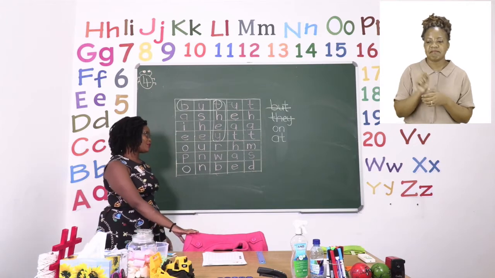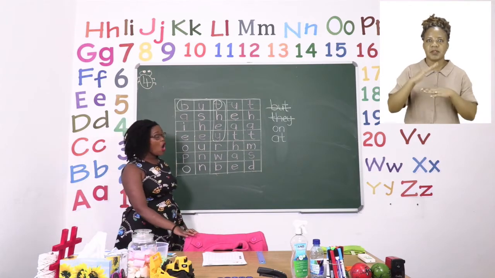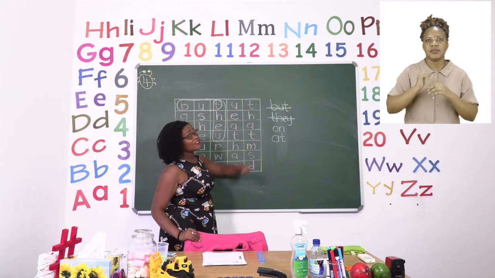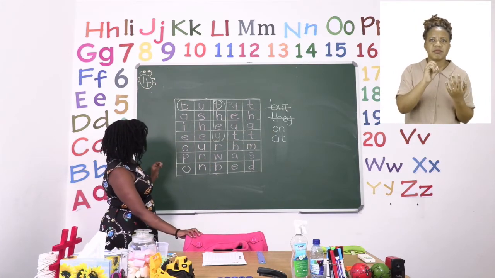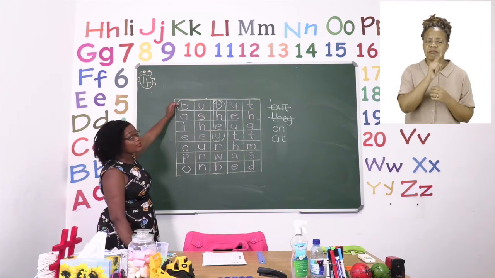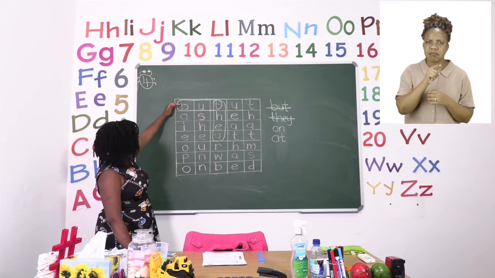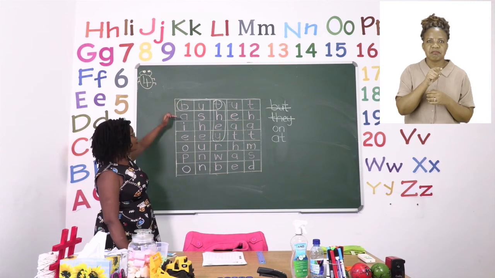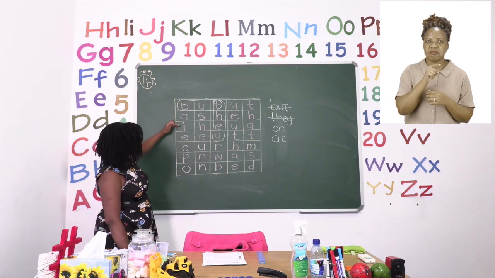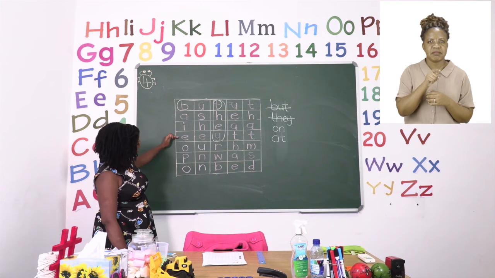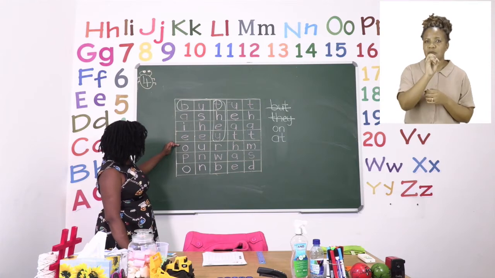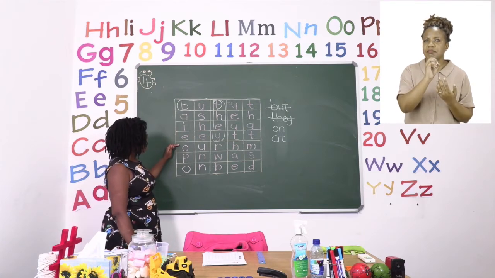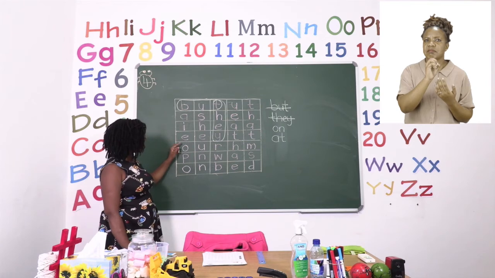Now let's look for the word on. On. Now on starts with a O, so we are going to look for an O. This time I want to look going down. Let's go. No, no, no, no. Yes, we have an O. But let's check if we have another letter next to it.